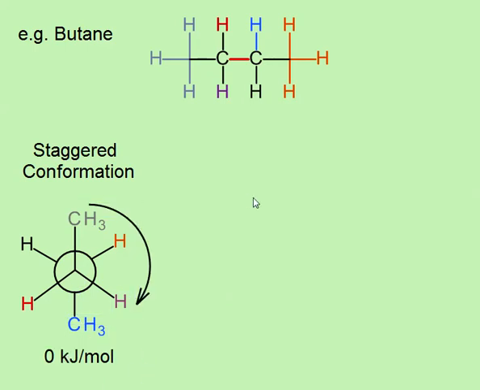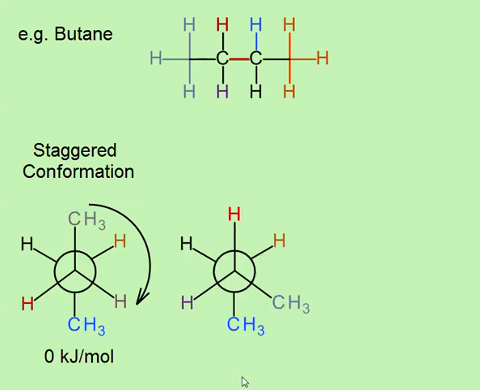However, if we were to rotate the methyl group on the first carbon, rotate it 120 degrees, so the methyl group would now be there, and the purple hydrogen would now be here, and the red hydrogen would now be at the top. If we rotate through that carbon 2 to carbon 3 bond to give this new conformation, which is still staggered, we start to see some strain energy, 3.8 kilojoules per mole.